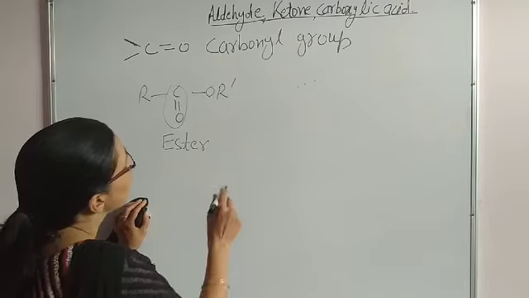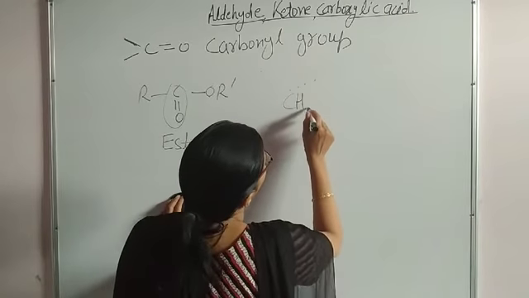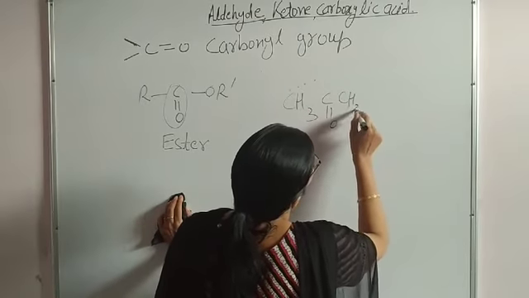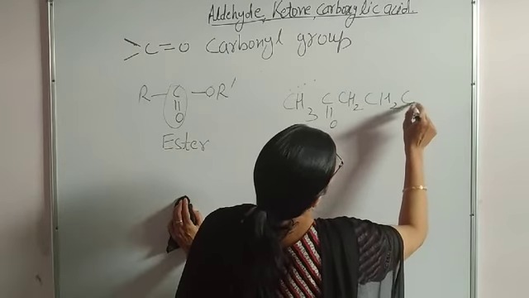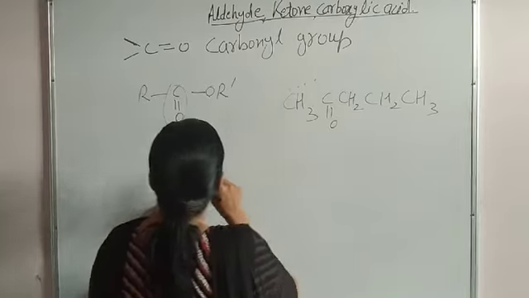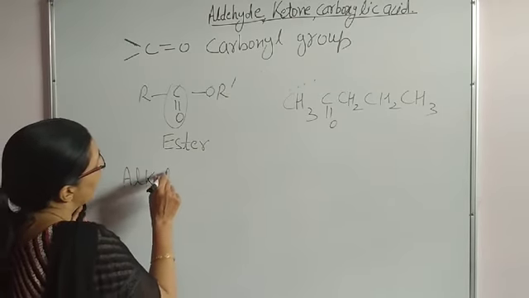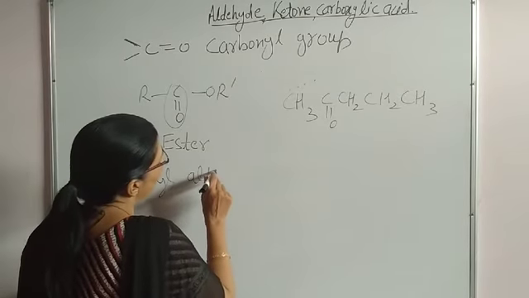For example, I am taking CH3COCH2CH2CH3. Its general IUPAC name is alkyl alkanoate.